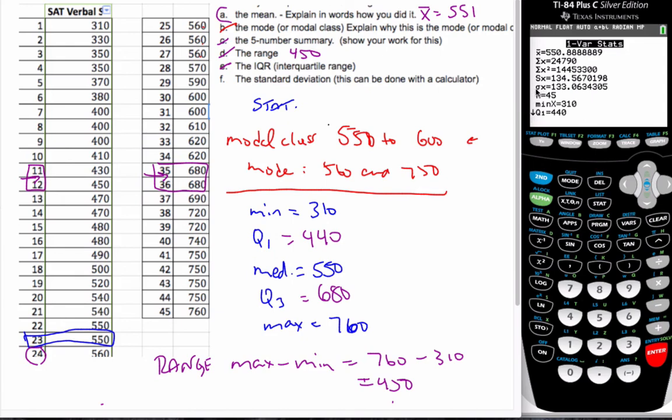That's little sigma. For our purposes, we are going to use sigma x, the standard deviation, 133. And so now you have the standard deviation and x bar. Standard deviation is how spread out the numbers are, and that's how we can calculate all these statistics.